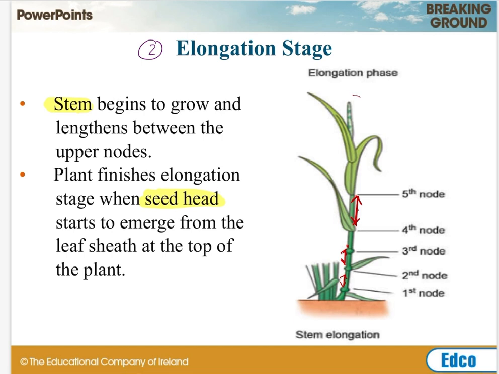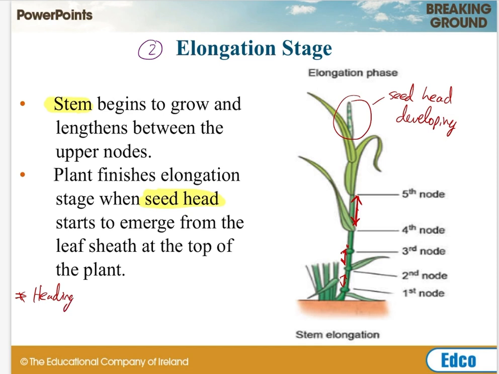So you can see here at the top, our seed head has developed. Another point to note here, when we're talking about hay or silage in further videos, is our heading out date.